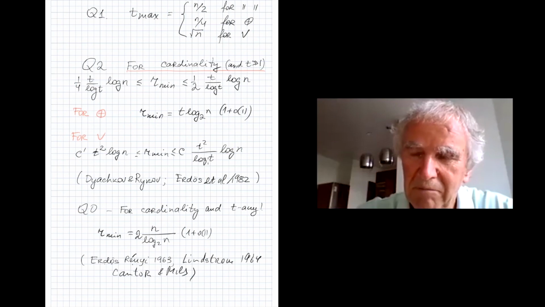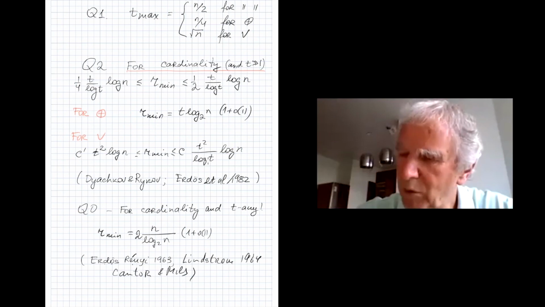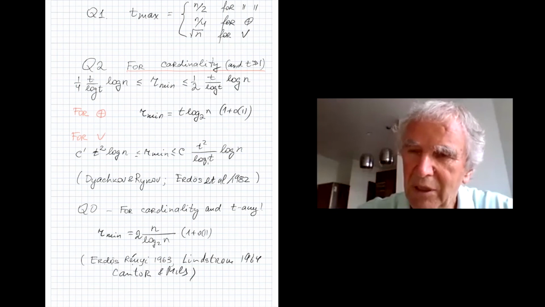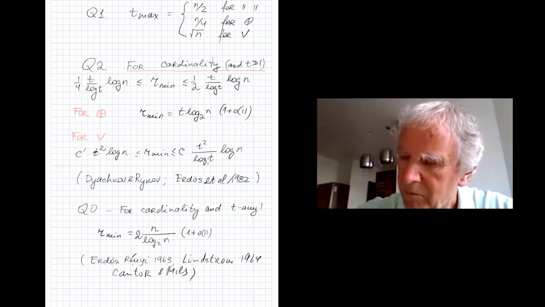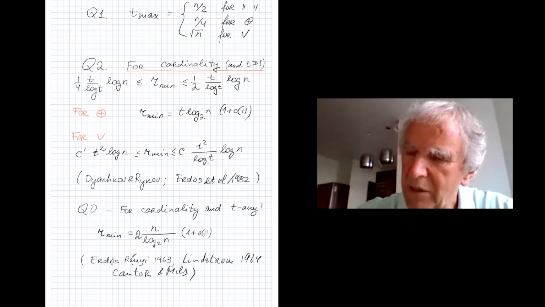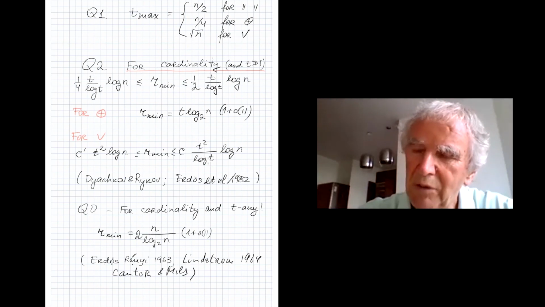And the most famous gap is the gap for the best density of sphere packings, or the kissing number in n-dimensional spaces.